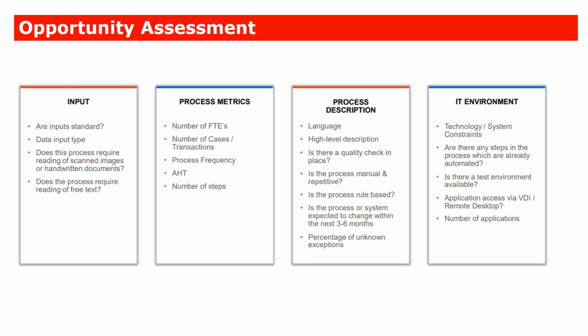Do we need to include some AI and ML capability? Is the process using any code or automation, and what technology is behind it? You need to understand the high-level description of the process from the process owner.